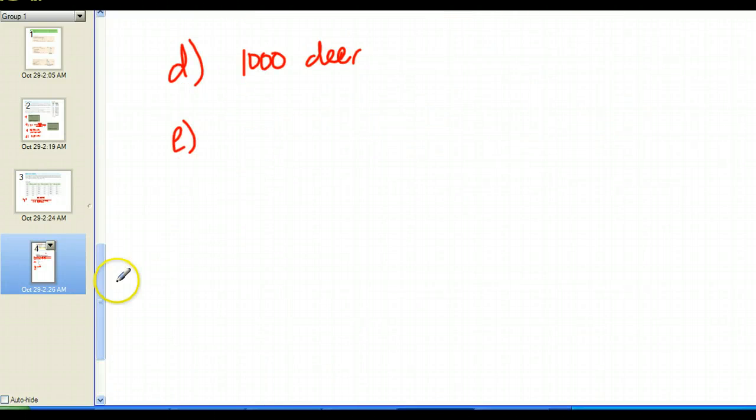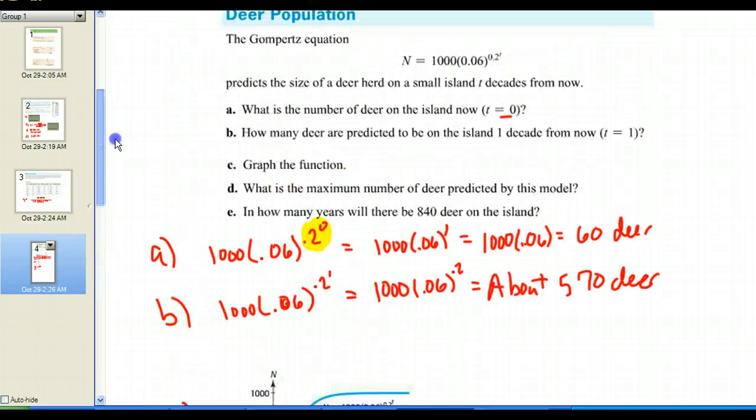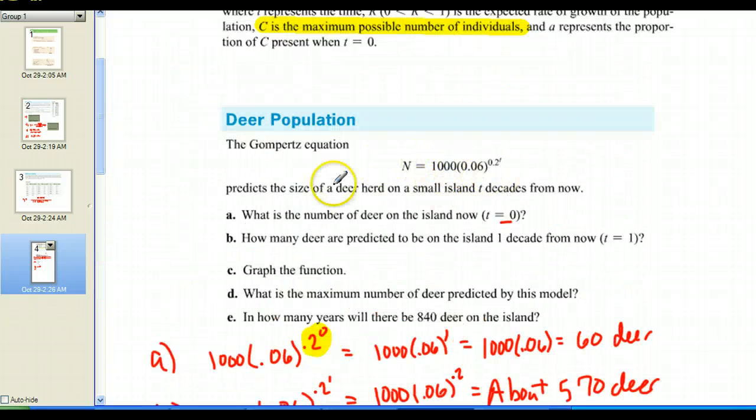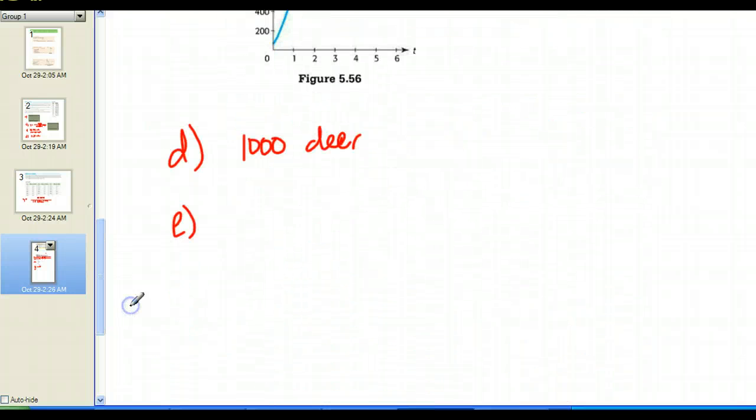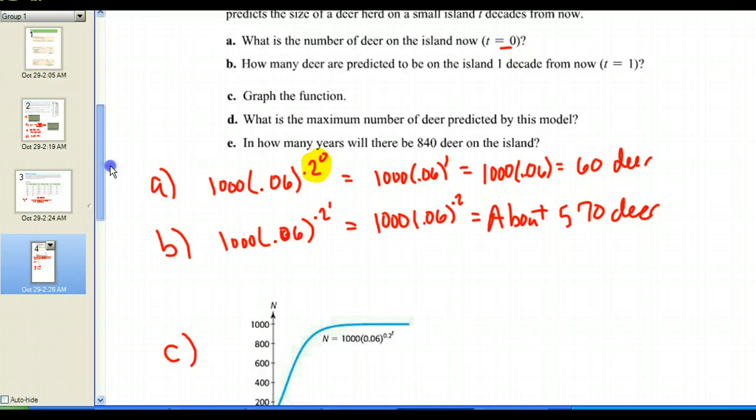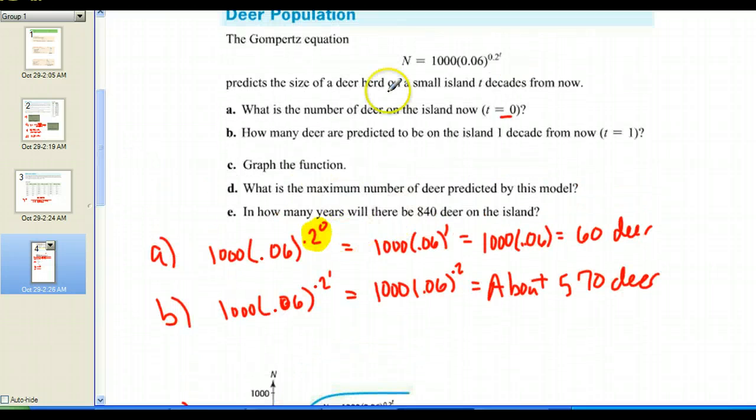Remember, this predicts the size of a deer herd. N is the number of deer, so that's what's going to be 840. So 840 equals 1,000 times 0.06 to the 0.2t.